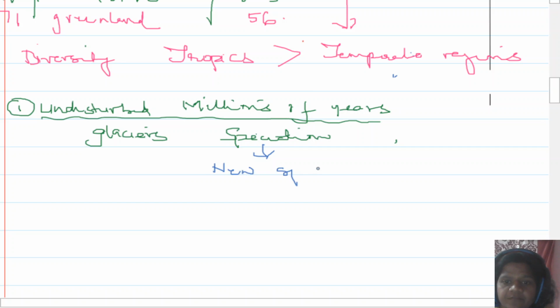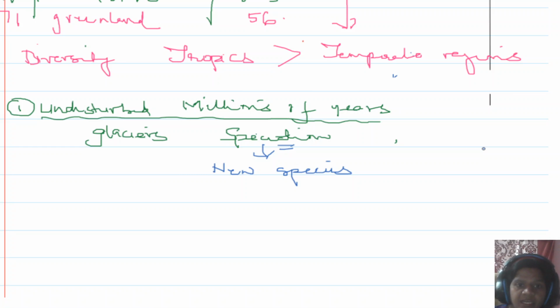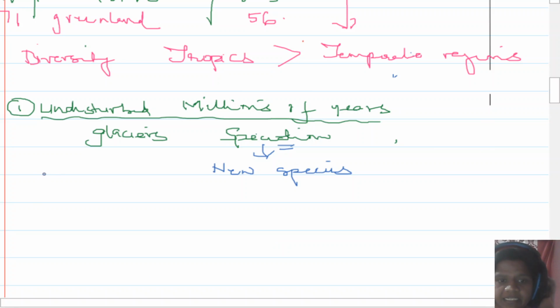New species have formed because there were no disturbances, either natural or man-made. We are looking at the reasons for more diversity in the tropics than in the temperate zones. The first reason is that these regions were undisturbed for millions of years.